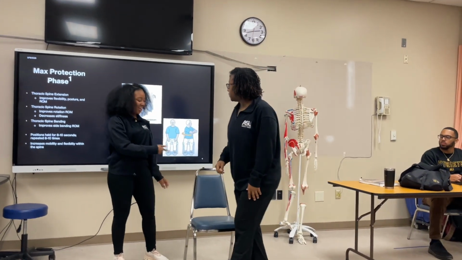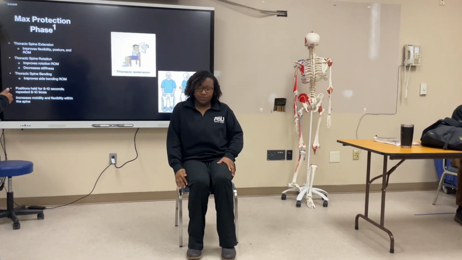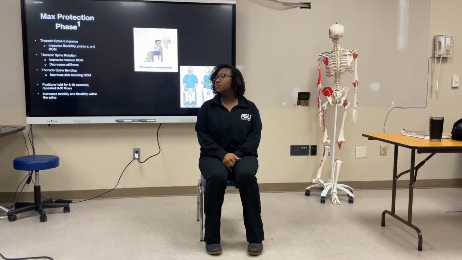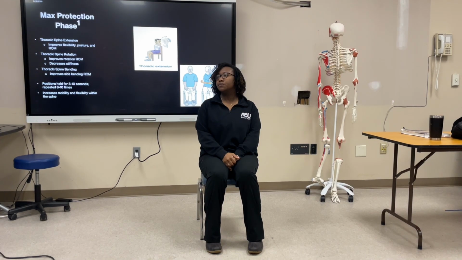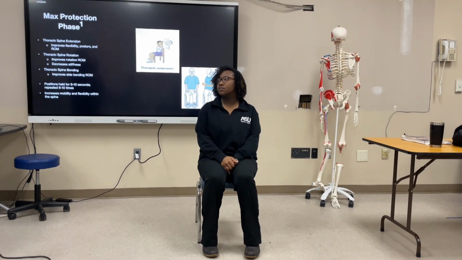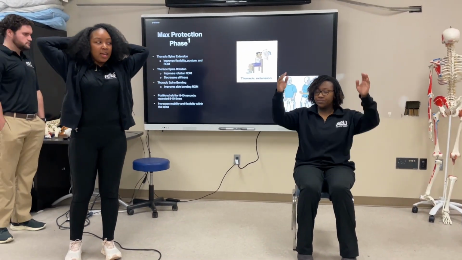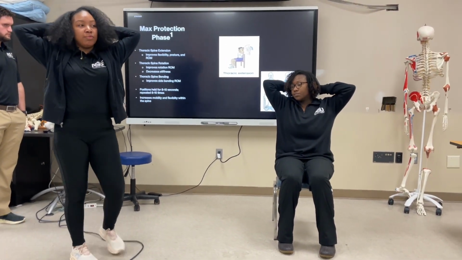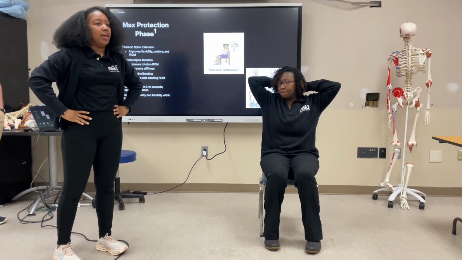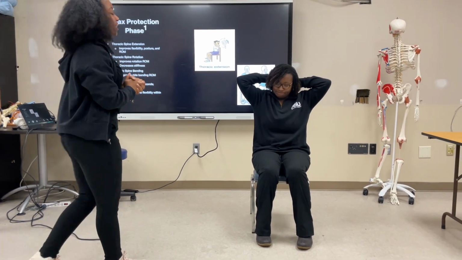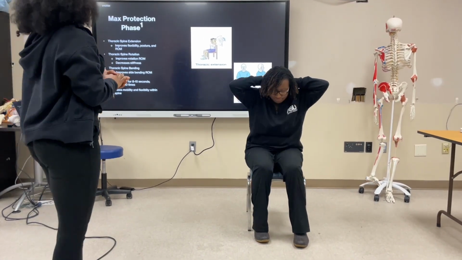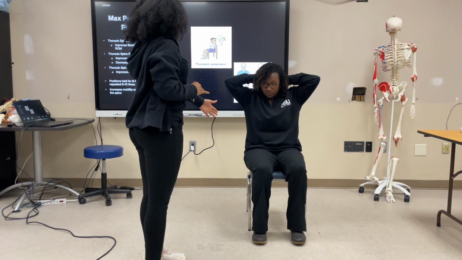Either of you have a seat. I'll just do one. We'll do thoracic side bending. With this, you can have your patient have their arms behind their head, or if that position is uncomfortable for some of them, you can just tell them to have their hands at their hips. It just depends on the patient and their comfortability, and you're just going to ask them to slightly scooch to the edge just a little bit.